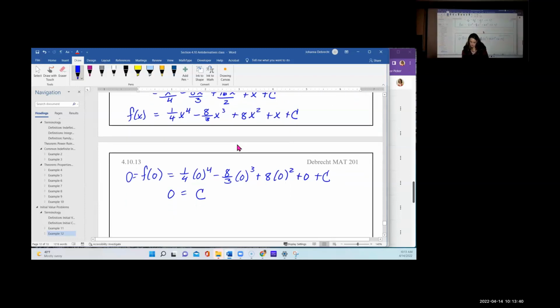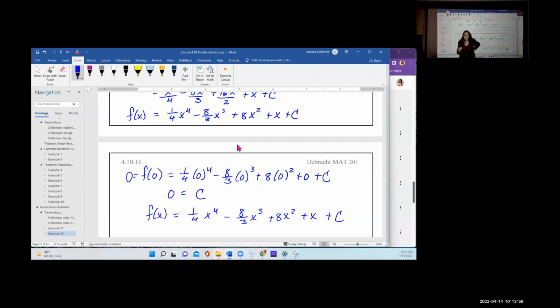And that means that our final function is the expression 1/4 x to the 4th minus 8/3 x cubed plus 8x squared plus x.